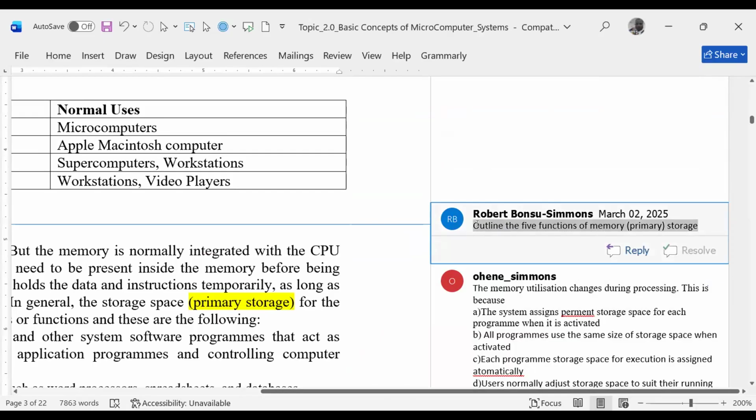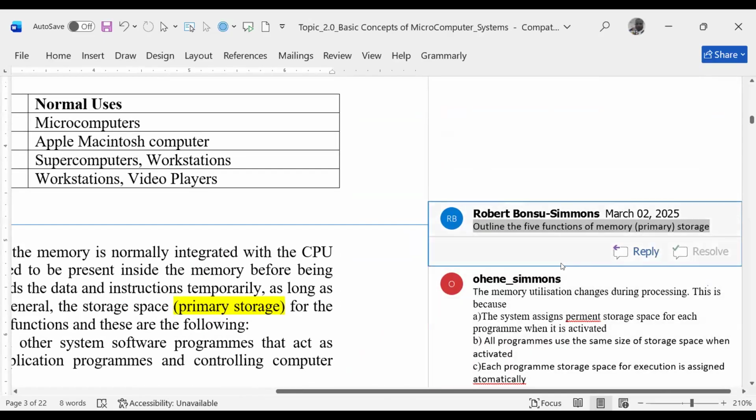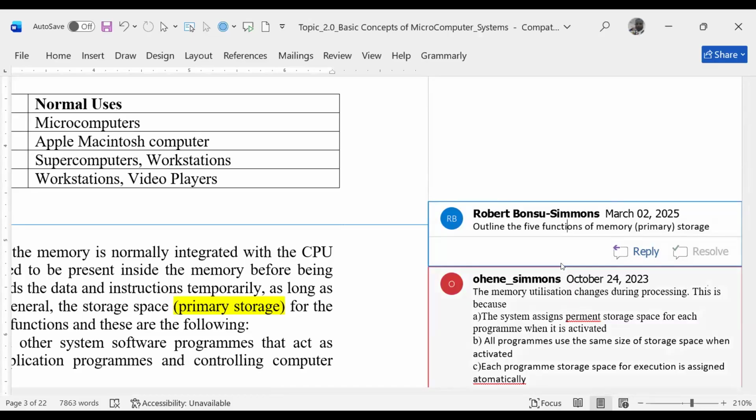Okay, have you seen this, the one I've highlighted? Yes, please. Okay, read for us and tell us you understand it. Outline the five functions of memory storage or the primary storage of the computer.